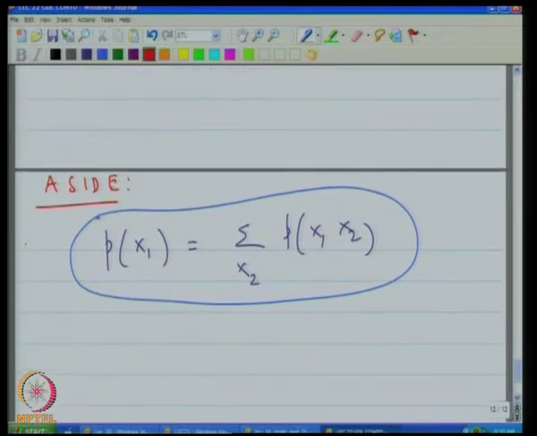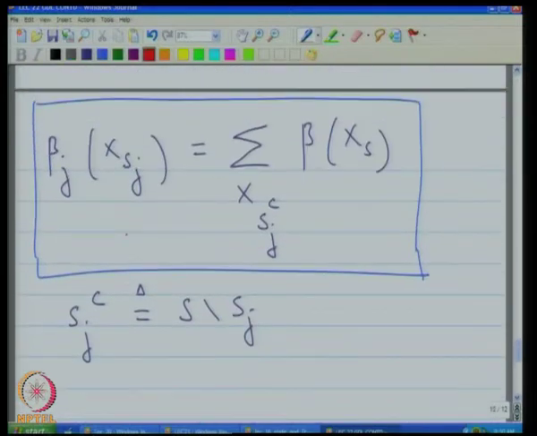Marginalization is used in the sense of probability theory, that is, you sum over certain variables, so that what is left is a function in the remaining variables.